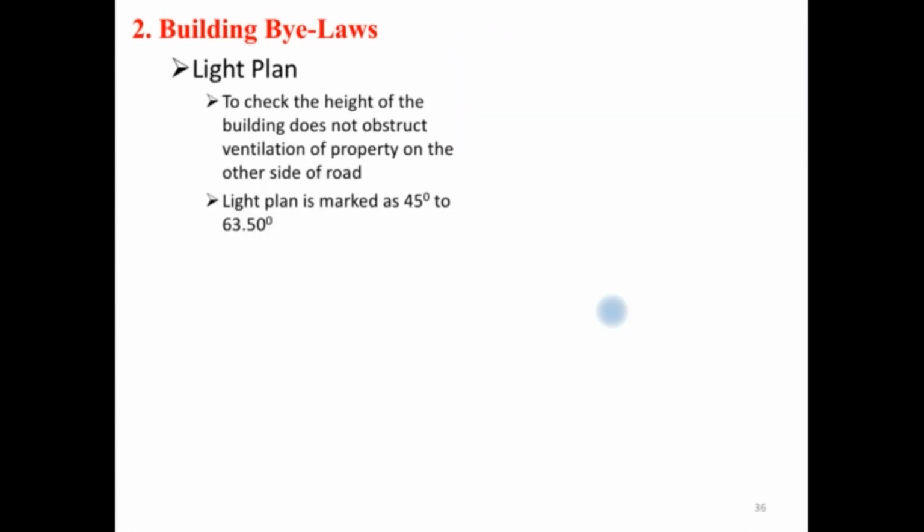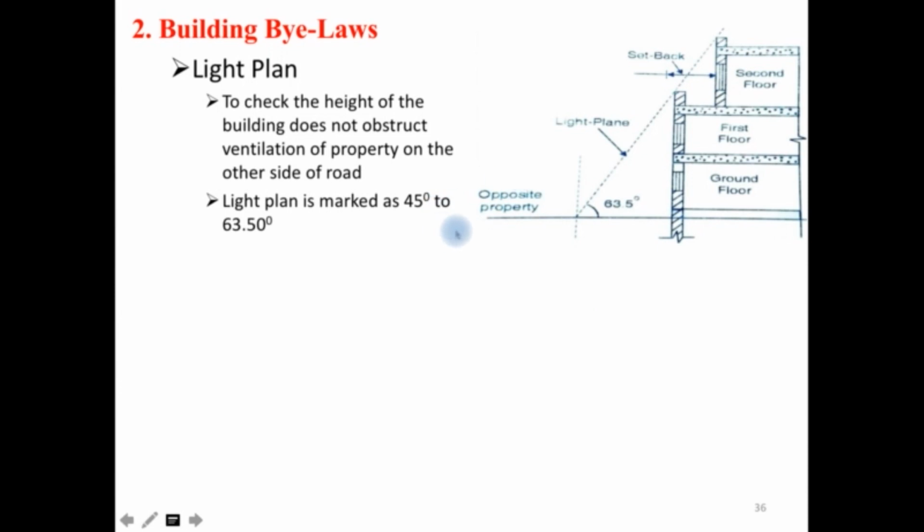Second is the light plan. What is this light plan? When you are constructing a high-rise building, the setback needs to be arranged in such a way that the building on the opposite side of the road gets sufficient light.